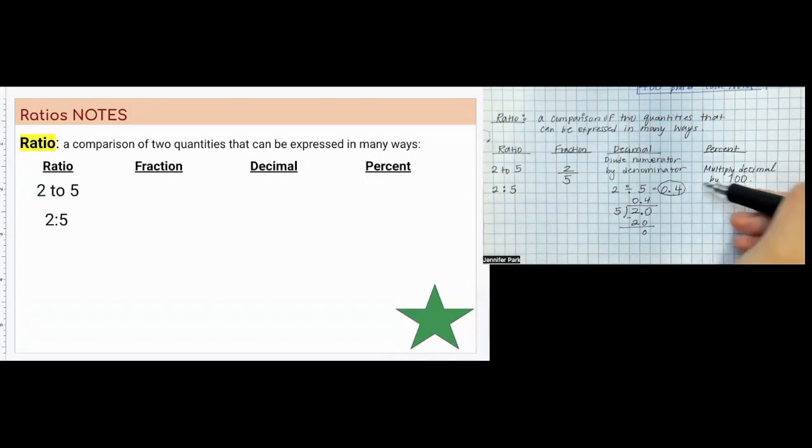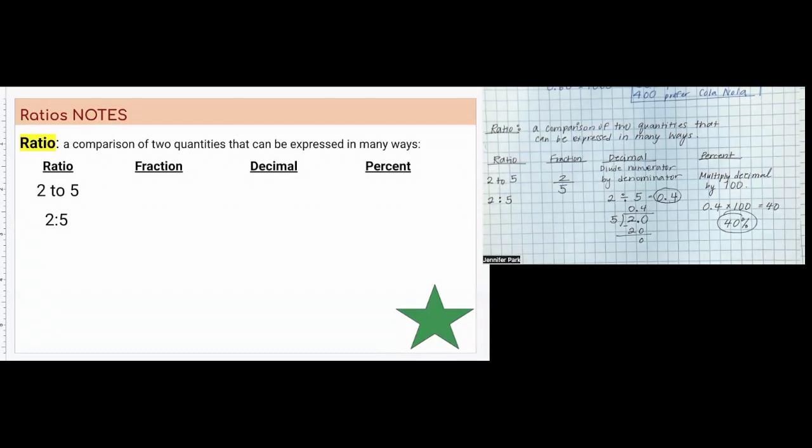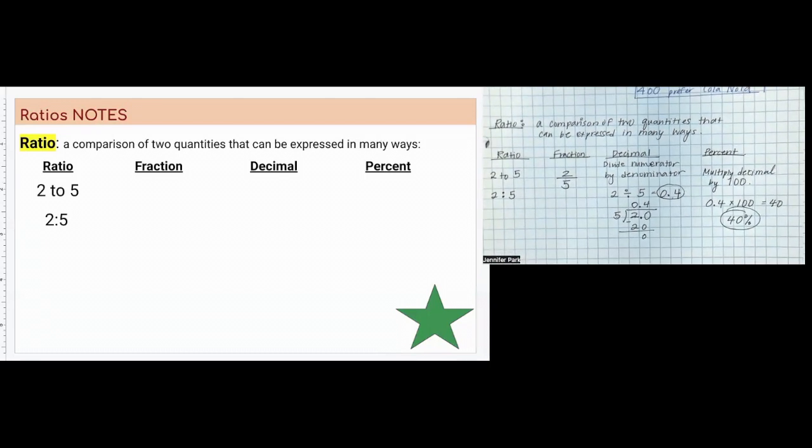So we're going to multiply the decimal by 100. If you take 0.4 and multiply by 100, that is 40, and you're going to write that as 40%. Those are the 1, 2, 3, 4, and 5 different ways to write ratios, and we will practice that today.